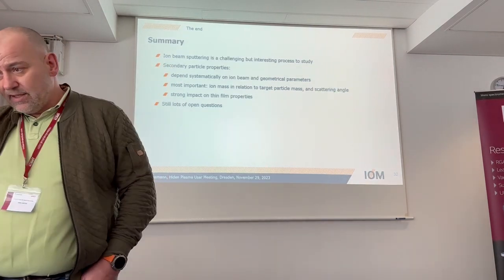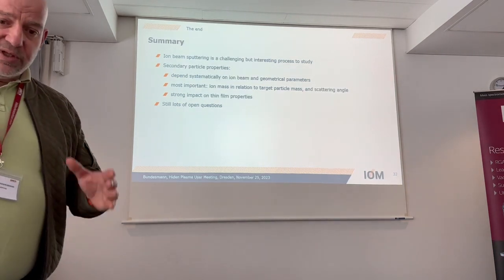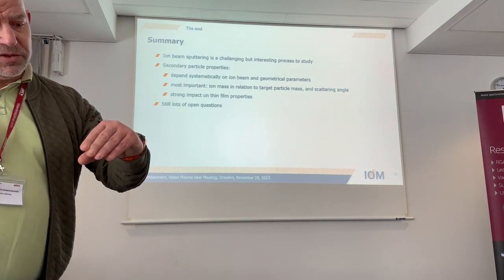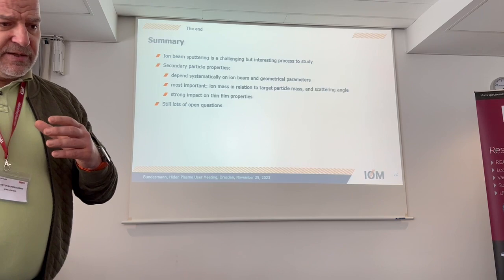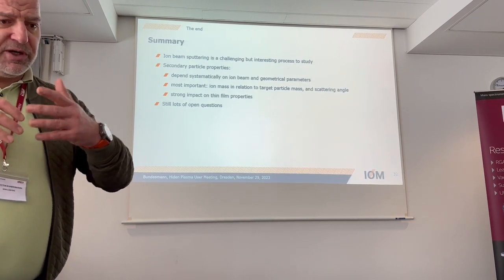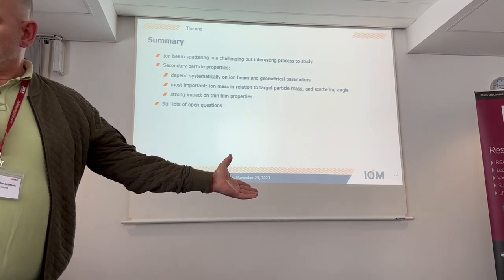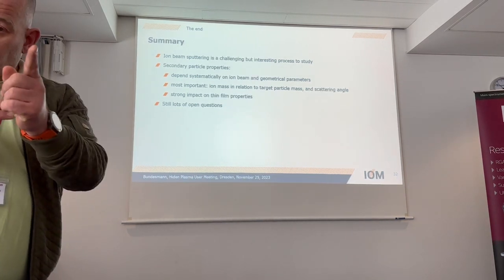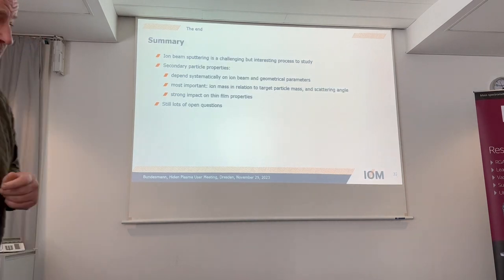I forgot to say the challenging part is that when you're measuring secondary particles, you have an incident ion beam, which is collimated or focused, and the scattered and sputtered particles have an angular distribution. So they are spread over a large range. So basically, when you look at one point with a small orifice, the number of particles is small.